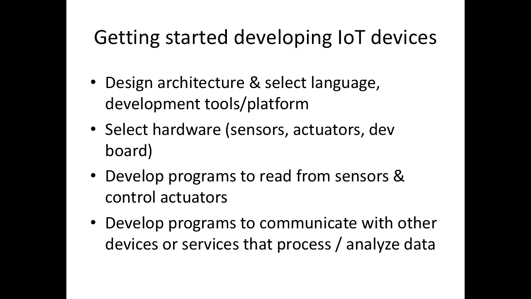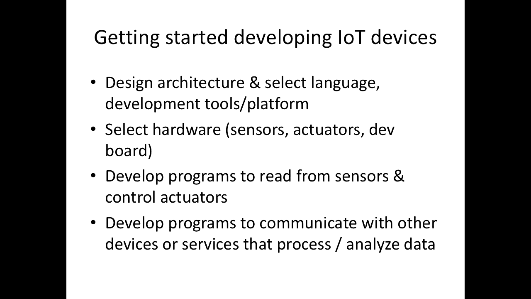It's going to be one or two devices, probably not very intelligent devices, mostly just gathering data from sensors or with some very simple actuators like some LEDs or something like that. Most of the work is going to be done by a cloud service or an app. So that will affect your choice of hardware.